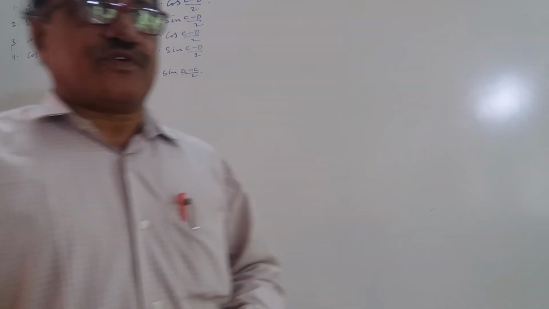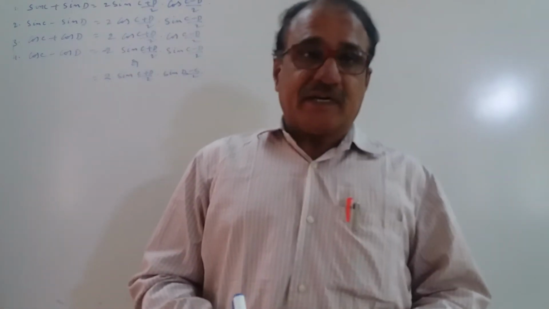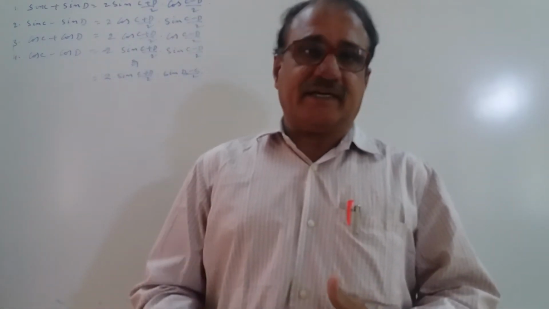By taking these 4 formulas into consideration, we have to solve some more problems. But before going to solve them, we have to discuss some identities related to angles in a triangle.